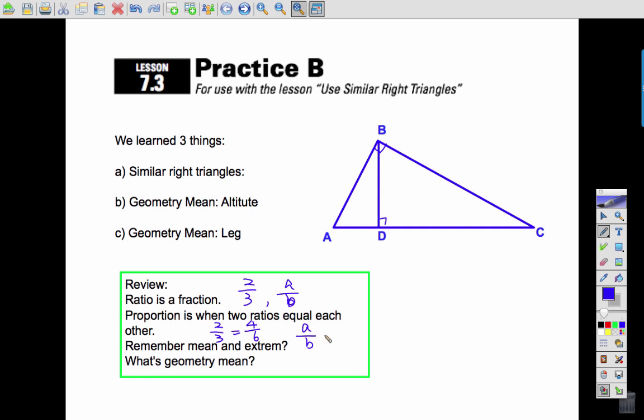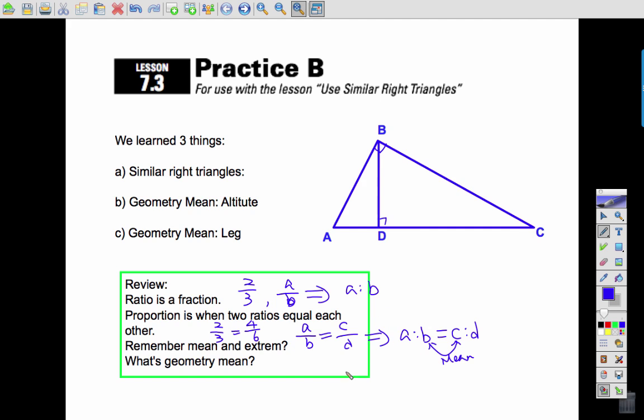And when we say A over B equals C over D, that's a proportion. This can also be written as A to B equals C to D, and these can be written as A to B, or 2 to 3, right?